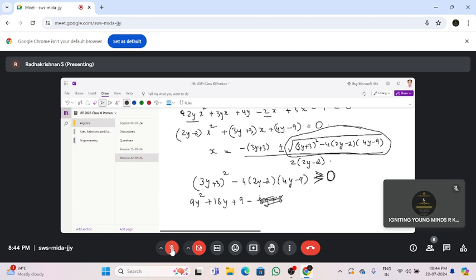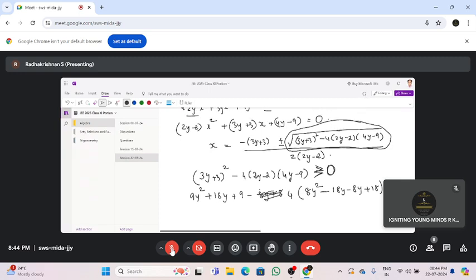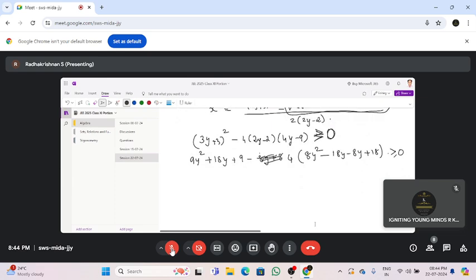You can write it like this: minus 4 into, first let us multiply. So this I can write as minus 26y.